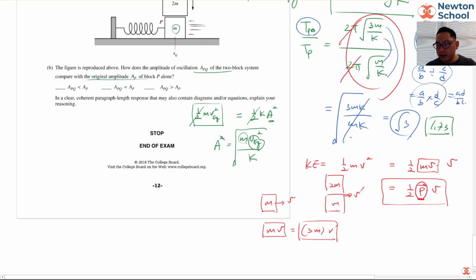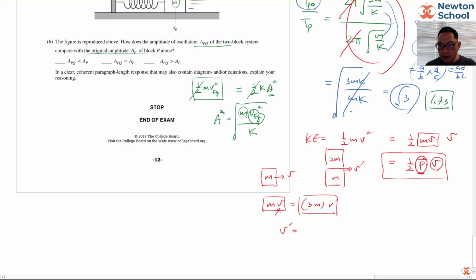But initially you had v, and now you have v prime, the final speed after the collision, which will be 1/3 v, because you can cancel mass. V prime will be 1/3 v, right? So this 1/2 pv becomes 1/2 p times v over 3, because p does not change.